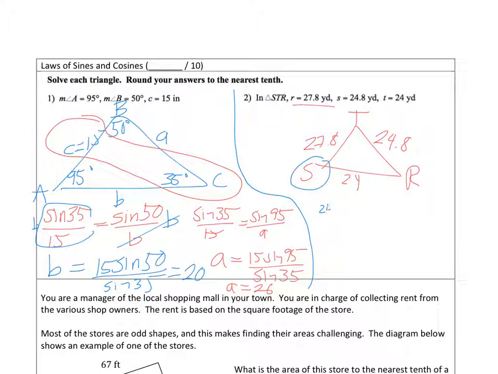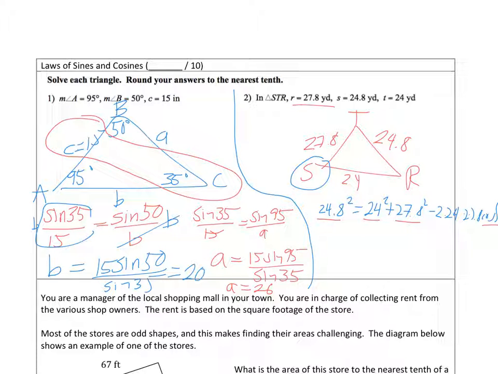So we get 24.8 squared is equal to 24 squared plus 27.8 squared minus 2 times 24 times 27.8 cosine of S. It's the cosine of S part I want to get by itself. First thing I'm going to do is take 24.8 squared and subtract from it 24 squared and 27.8 squared.